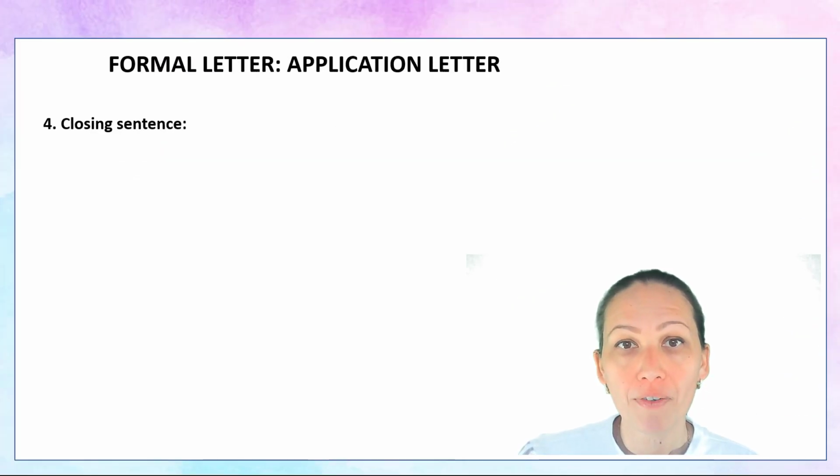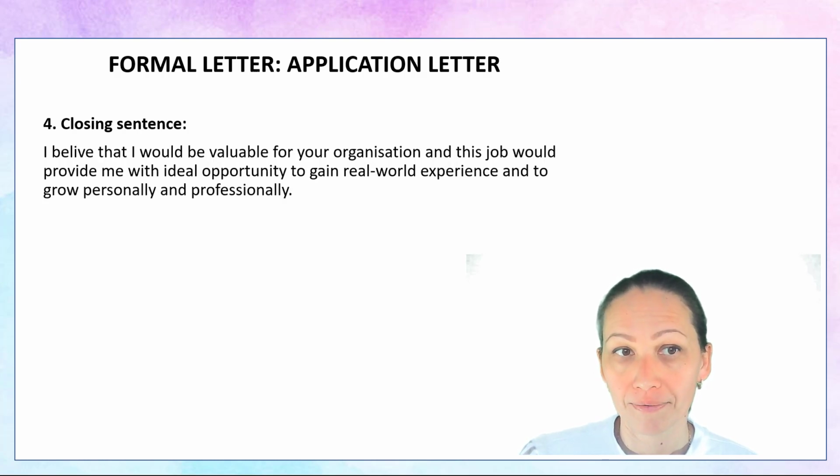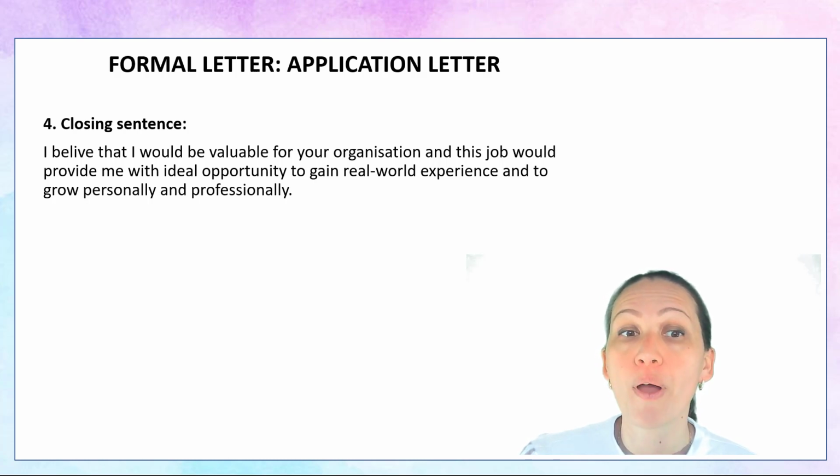The fourth paragraph of our application letter is closing sentence. And this sentence can look like this. I believe that I would be valuable for your organization and this job would provide me with ideal opportunity to gain real-world experience and to grow personally and professionally.